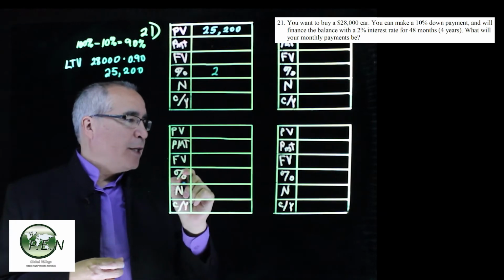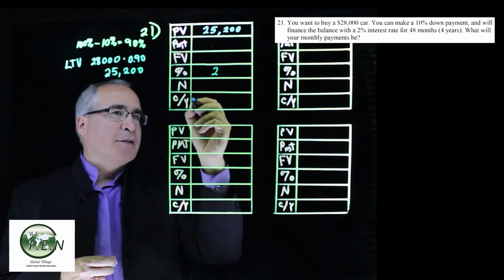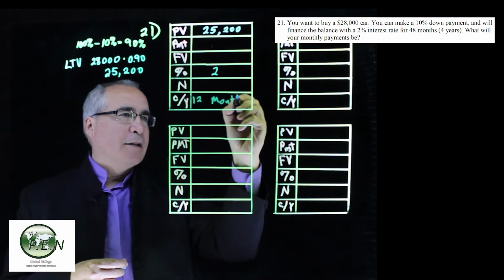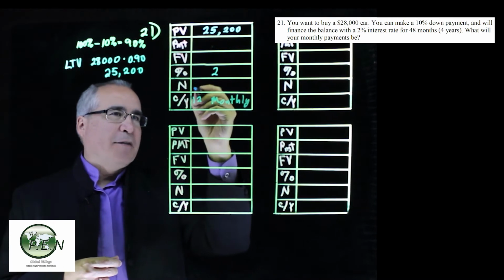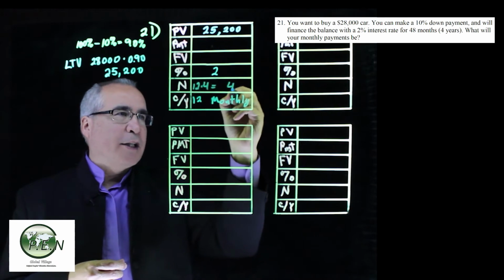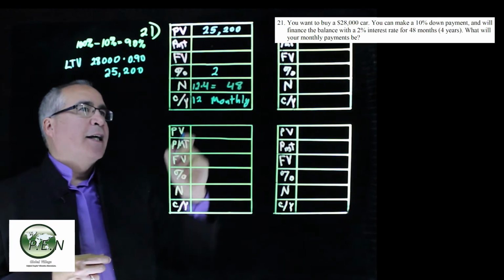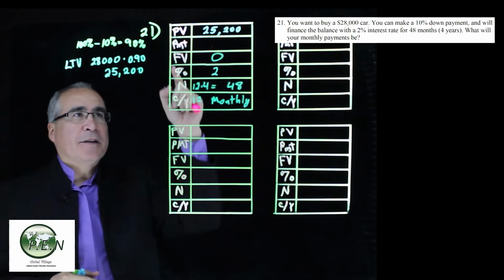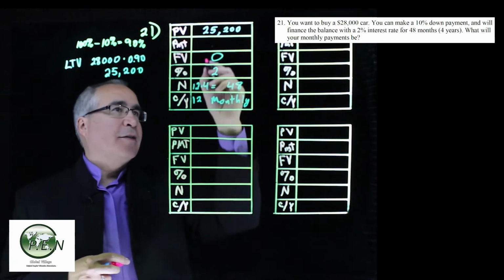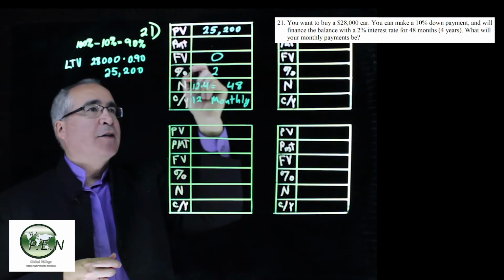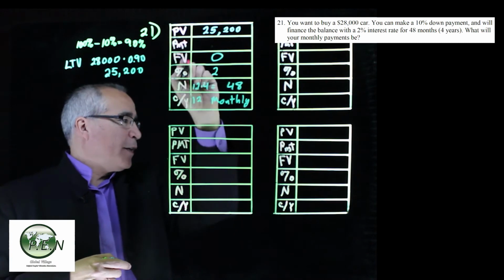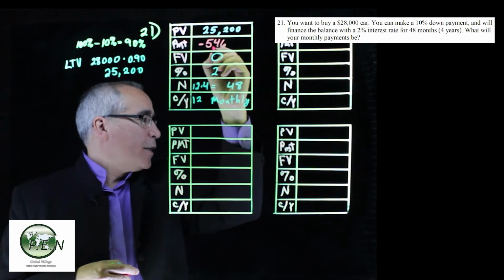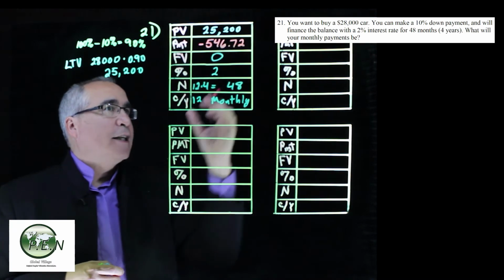There are 48 monthly payments, or 4 years, so the compounding periods is 12, or monthly. 12 times 4 is 48, but they gave us the 48 payments. Since it is a loan, it's going to have a future value of 0. We click on the payment button and find out that this $28,000 car, where we finance $25,200 of it, is going to cost us $546.72 each month.